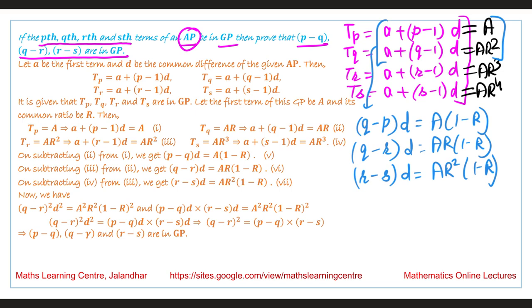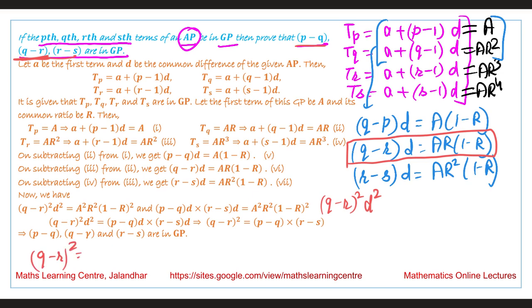Now from all these conditions, look at this equation: (Q - R)D equals this value. Now if we square this equation, we obtain (Q - R)^2 D^2. Why are we squaring? Because we require these three terms to be in GP. It means we have to prove that (Q - R)^2 = (P - Q)(R - S). So we are squaring these terms.